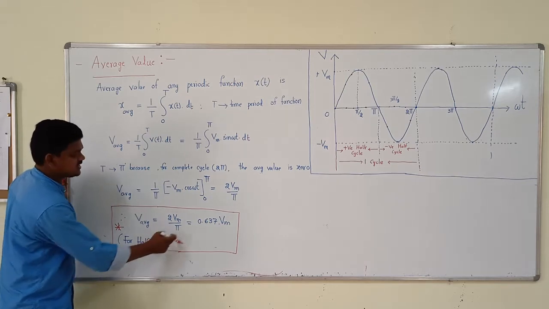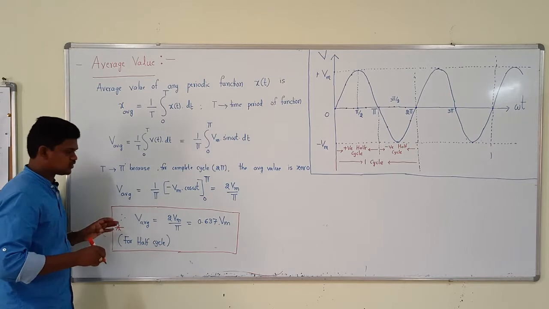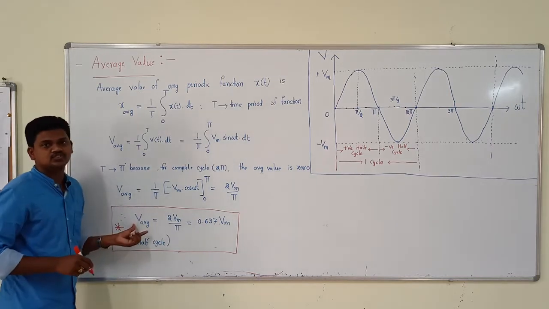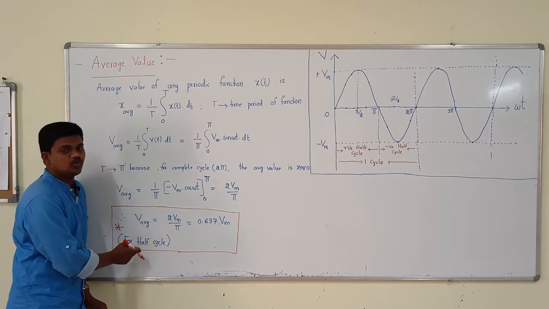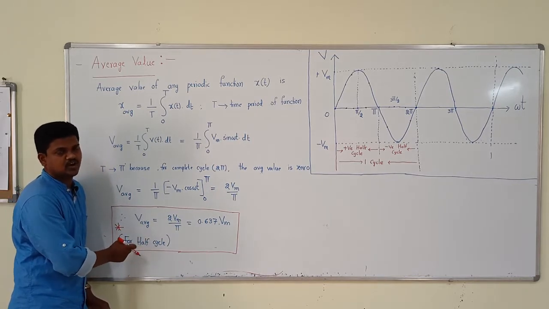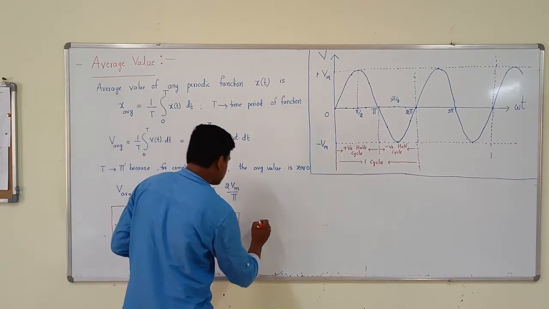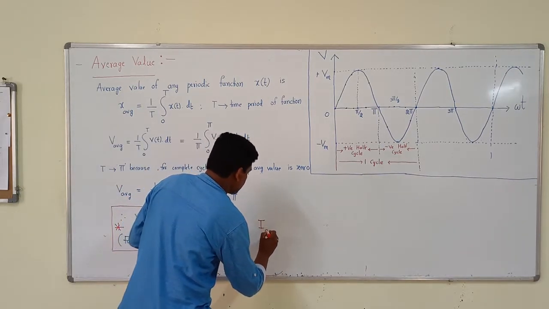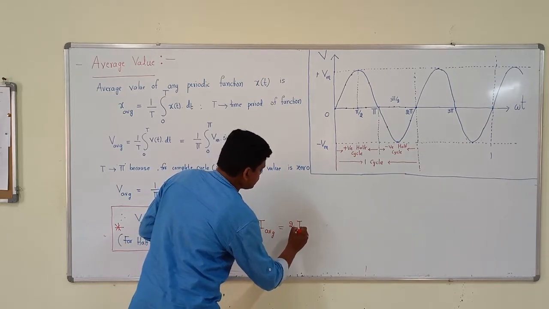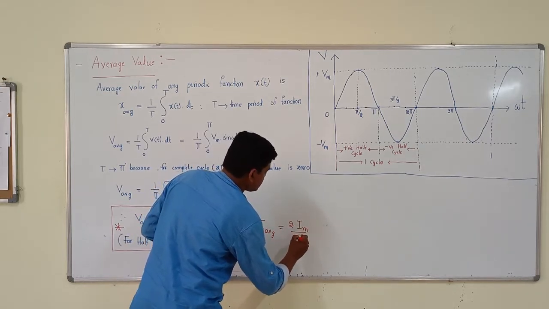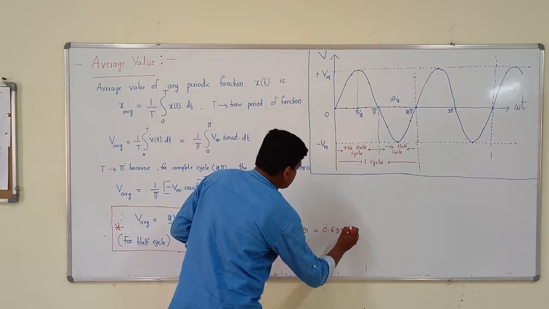If it is for the full cycle, the average will be 0. In the exam, if any question asks you to find the average value, we will consider only the half cycle. Then we will get the answer. The same thing for current also: average current equals 2 into the peak value by pi, so 0.637 Im.